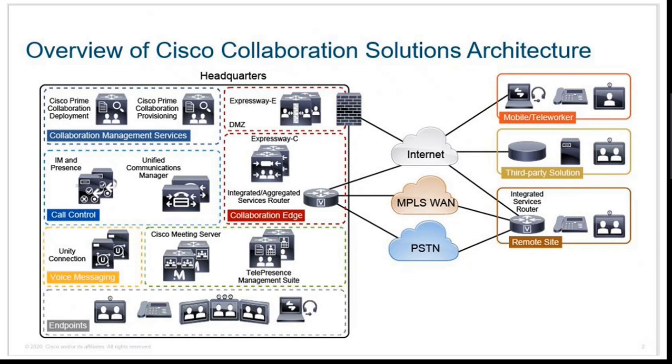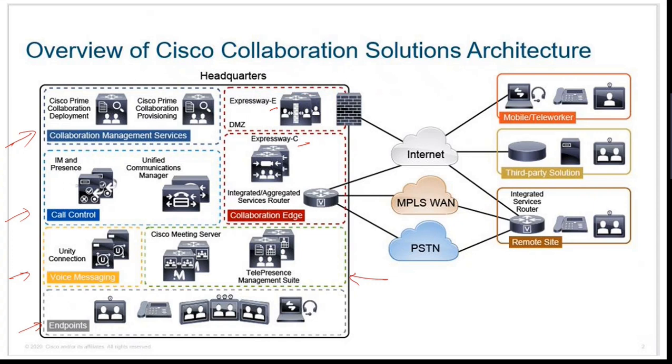Now we'll discuss some more components of the collaboration solution architecture. Here we can see an elaboration of different types of components in the Cisco collaboration solution. In this overview we have different components, like endpoints, voice messaging servers, TelePresence Management Suite, call control managers, IM and Presence, CUCM, and collaboration edge, Expressway C and Expressway E. We have collaboration management services like Cisco Prime Collaboration Deployment and Prime Collaboration Provisioning.